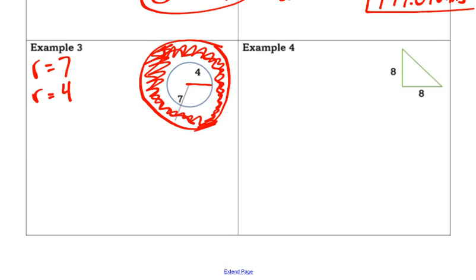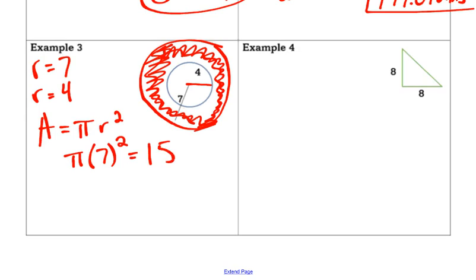Alright, so we're going to find the area of the big circle using pi r squared, or pi times 7 squared, or pi times 49, which is 153.86. The circle in the middle has a radius of 4, so we're using the exact same formula. Pi times the radius, this time is 4 squared, which is 50.24.